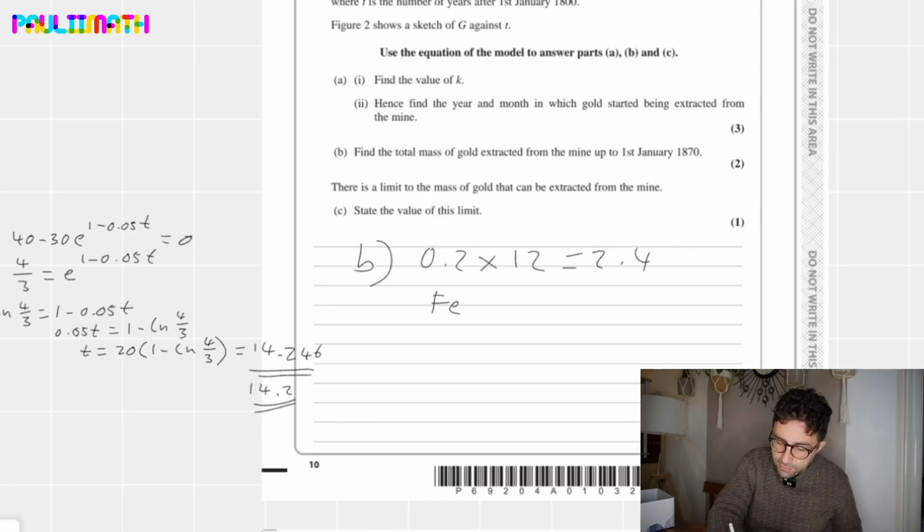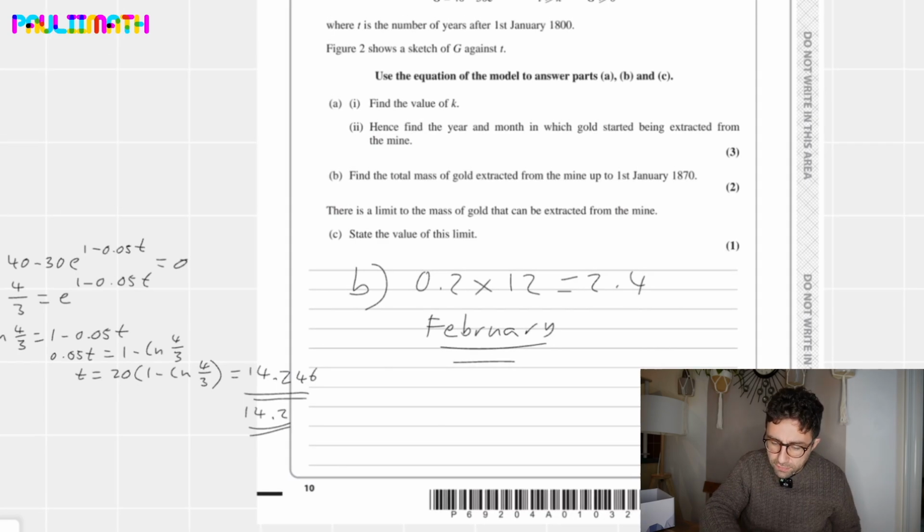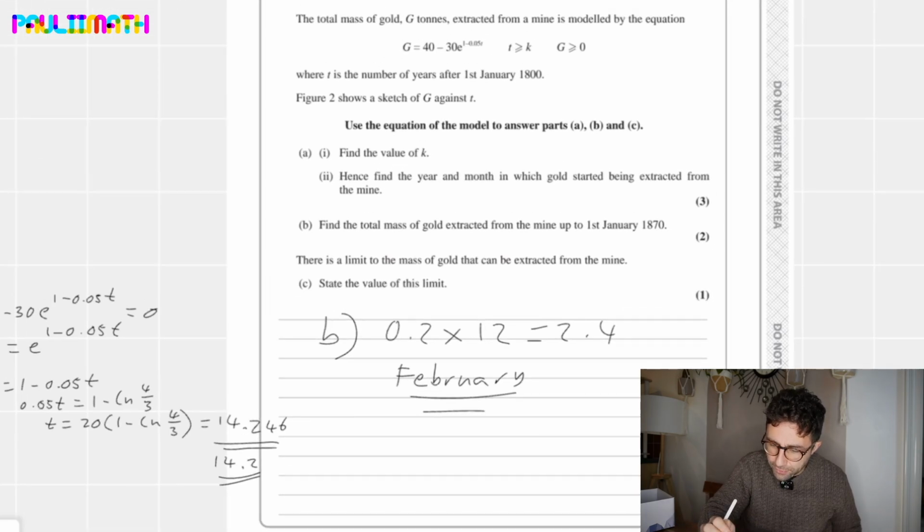So that's for the 0.2 part, and the 14 years, it's 14 years after 1st of January 1800. So there you go, that's the year, and it's February.